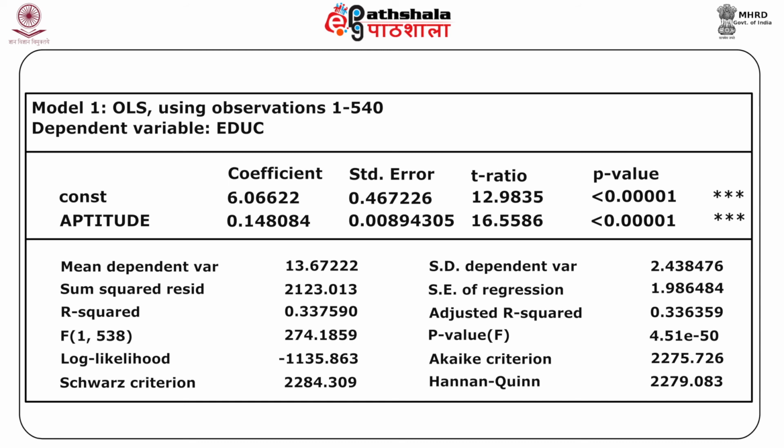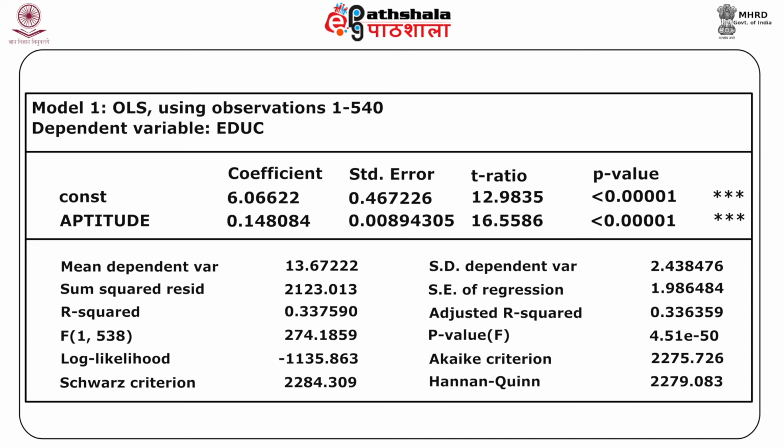The p-value of the coefficient is very small, implying that the coefficient is statistically significant. R square, you can note, is equal to 0.33, which means that 33% of the variation in education is explained by a student's aptitude. The number is quite low, which is indicative of the fact that some of the important variables are missing from the model.